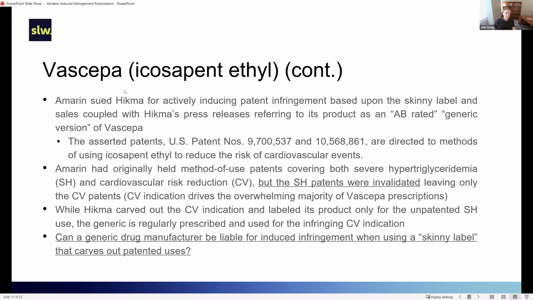Even if Hikma knew about a potential use for their drug for CV, which was the patented use from Amarin.